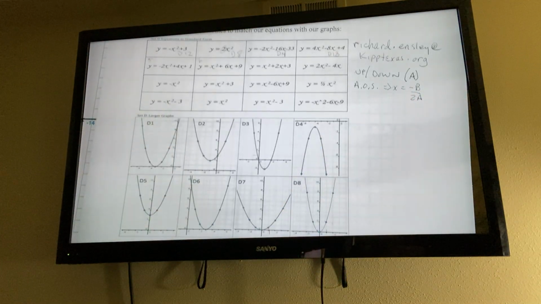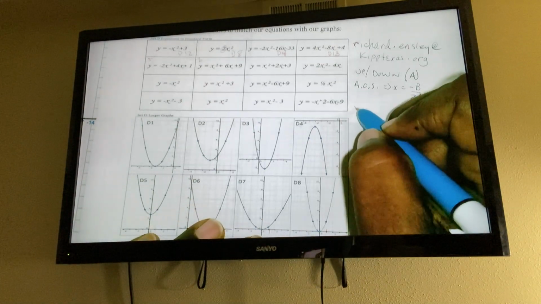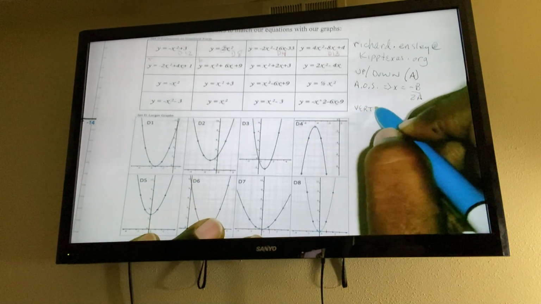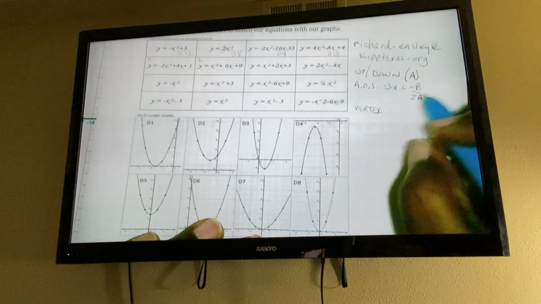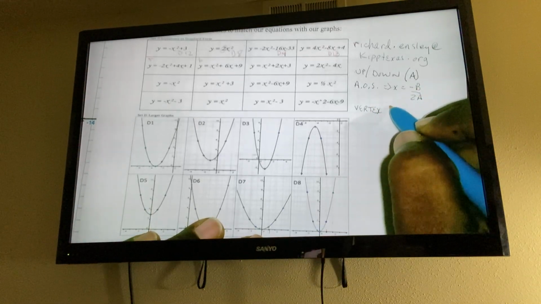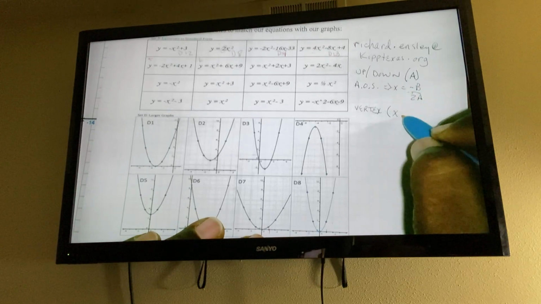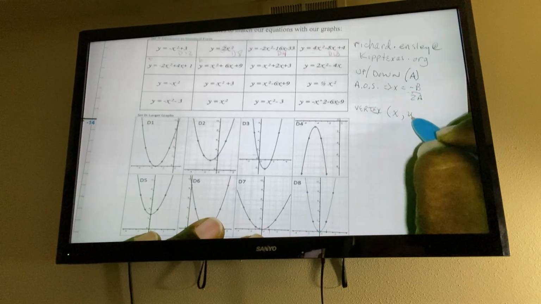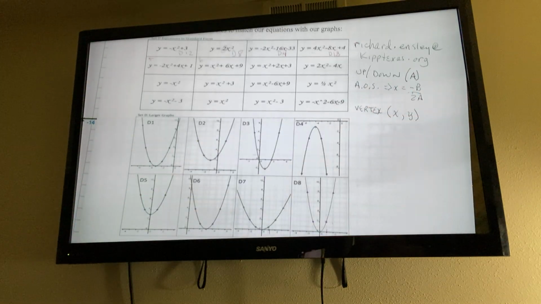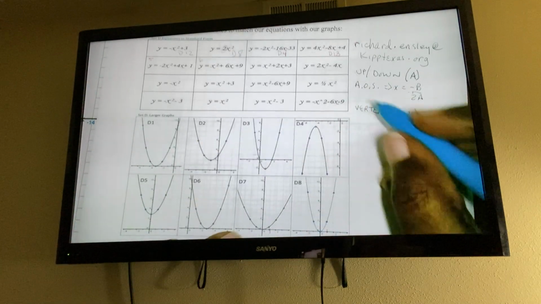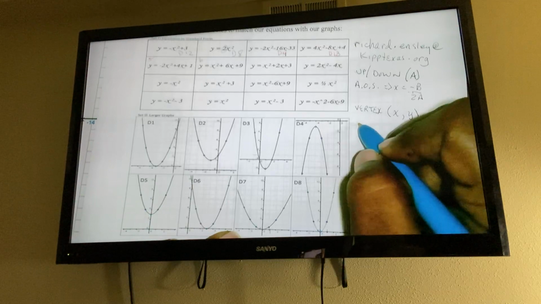All right. And once you find the axis of symmetry, I want you to find the vertex, which is whatever you come up with for x in the axis of symmetry. Plug it back in, and that will give you y. And I also want you to find the y-intercept.